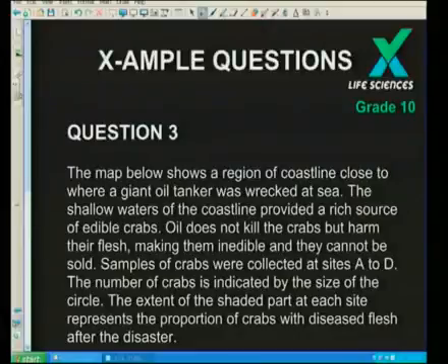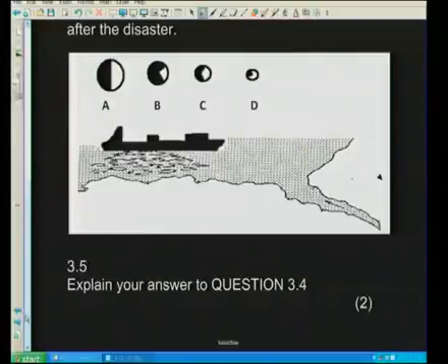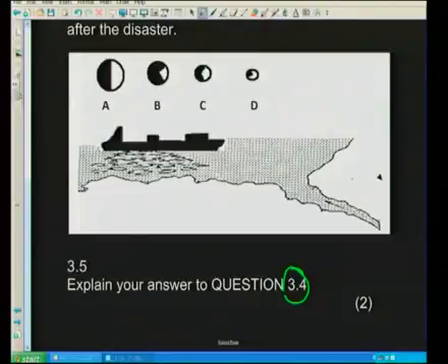Right, that brings us to question 3.5. Explain your answer. Now remember the question, they want you to explain your answer to that question. Right, they want to know, why did you choose that sample? To say that that sample had the most affected crabs. It's quite obvious.